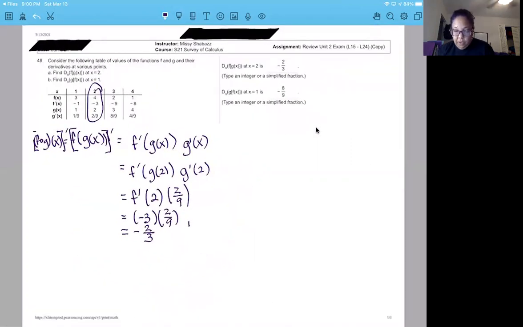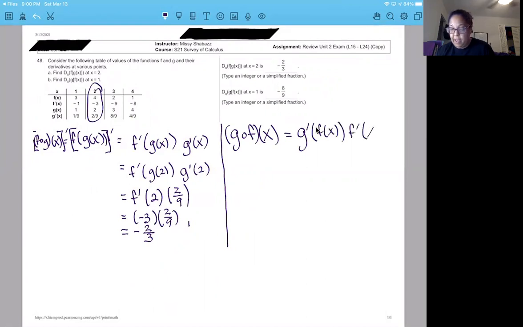All right, now we want to do the same thing, except for it's g composed with f of x. And the derivative of that is going to be g prime of f of x, f prime of x. And we are asked to evaluate that at 1. So I need g prime of f of 1, f prime of 1.